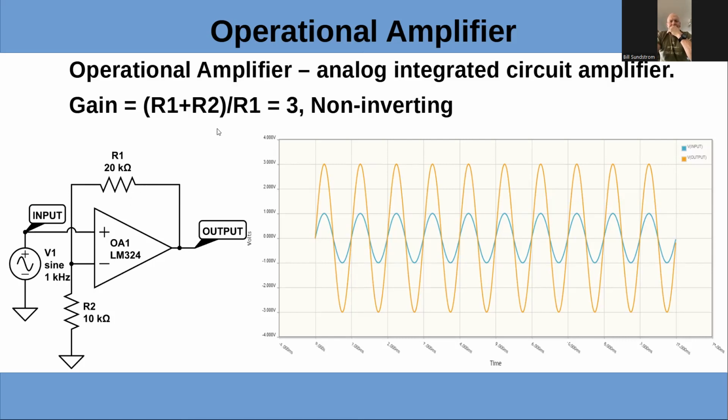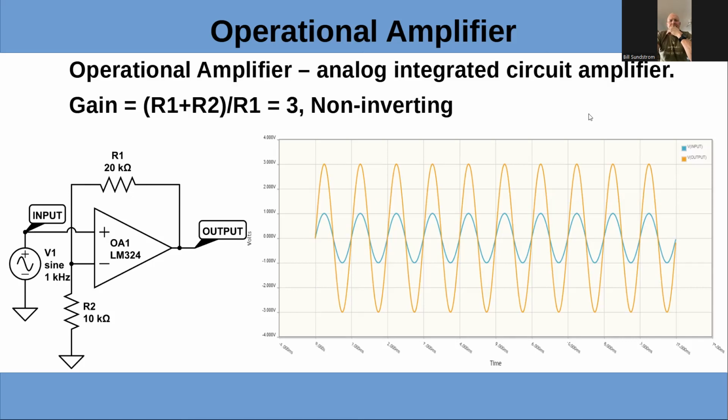So the gain is going to be the ratio of the sum of these two divided by that, which should be R2. Yeah, that's a mistake. This should be R2. So that gives you a gain of 3. And that's just a simulation.